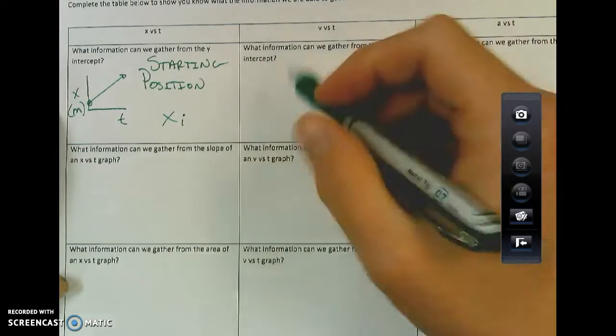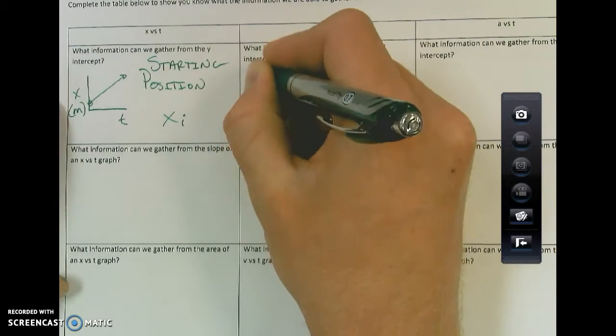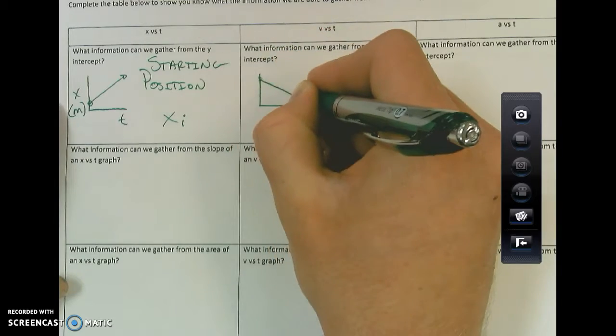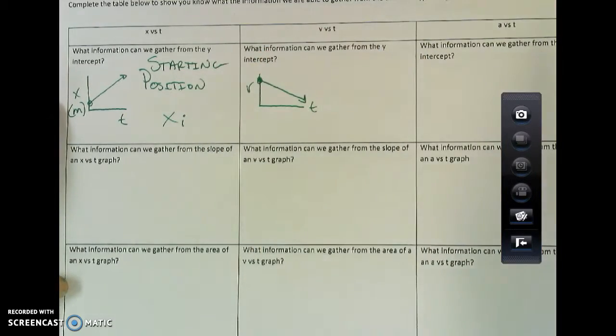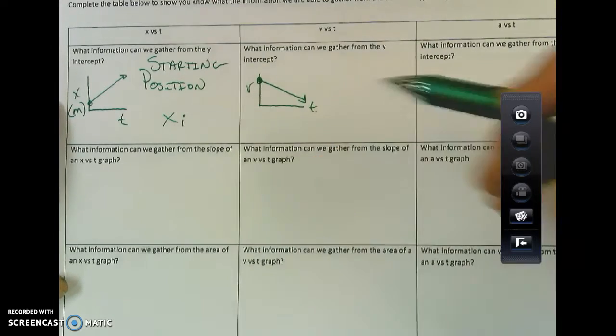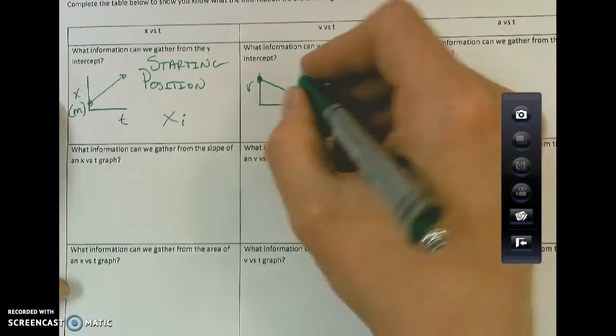Okay. Now, if I have a similar looking graph, say like this, but it's a velocity time graph, well, this same dot, that same starting blank, in this case, it's starting velocity, since it's a velocity graph.